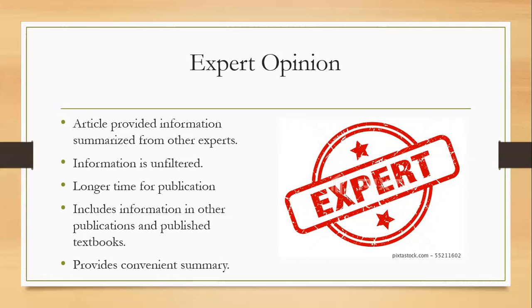So a lot of the works that he summarized were actually from articles published in other journals outside of pediatric dentistry and also textbooks. But nonetheless, it provides a convenient summary, so it is able to pull relevant details and what is relevant to the reader from 14 or 15 sources into one combined review article.